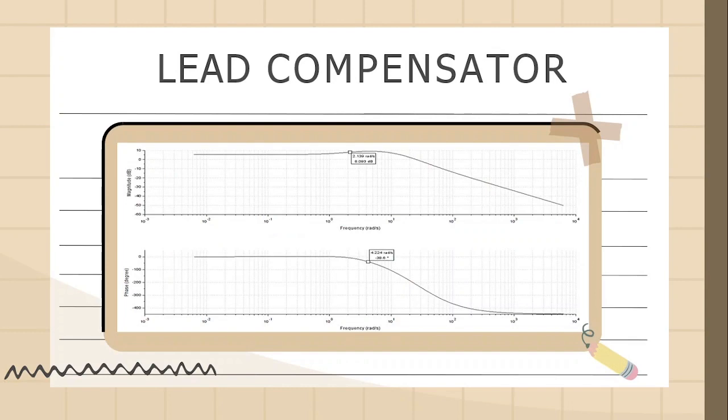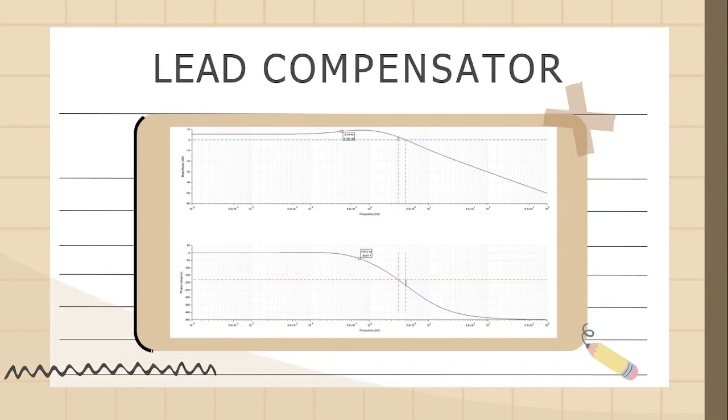So this is the amplitude response of magnitude and phase. Next, I will show you the phase margin response for the transfer function.